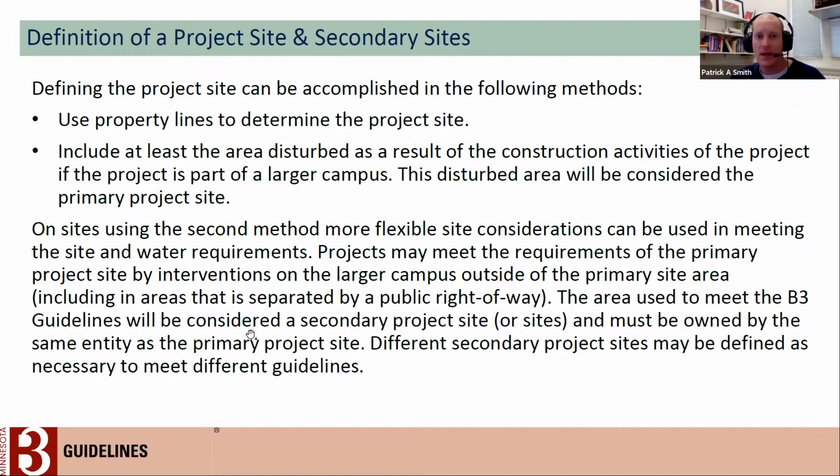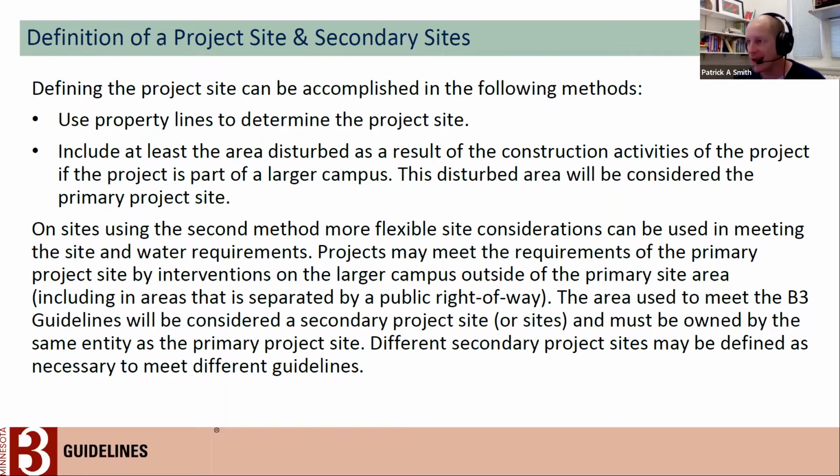And secondary sites are, if you have a larger campus to work with, you have a larger area of project to work with, you can meet the requirements of B3 and meet the requirements of what we consider to be the primary site, which is that site that is defined by the limits of the construction activities, by other efforts on that larger area, by essentially expanding your project to include, tagging those other areas and doing things in those other locations that meet the overall guidelines.